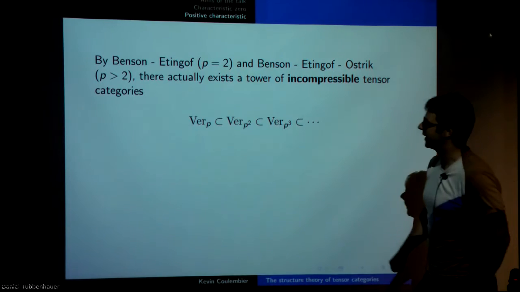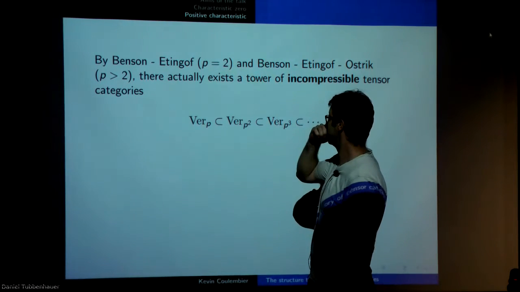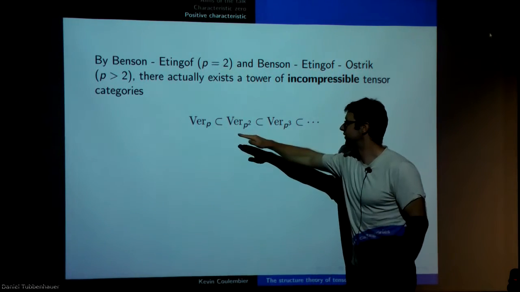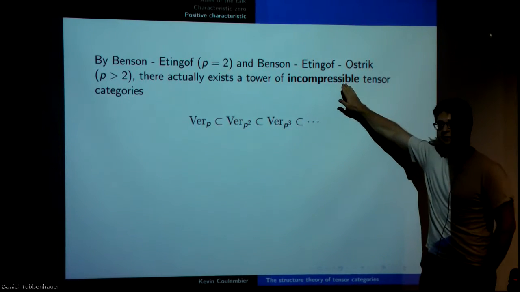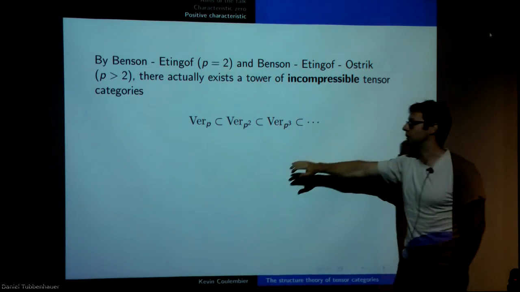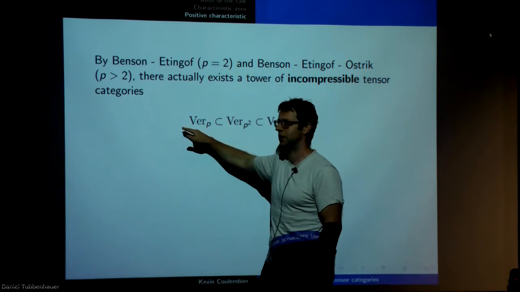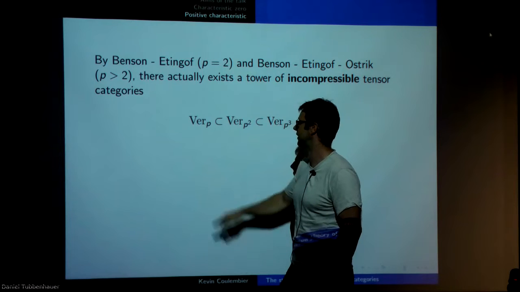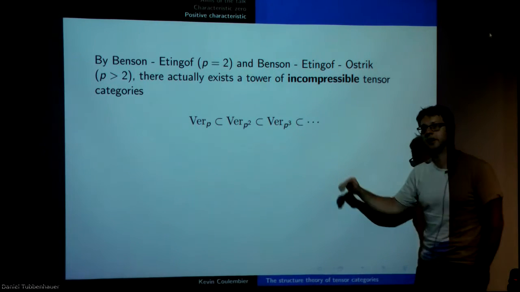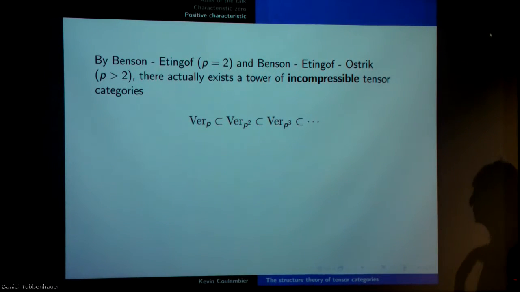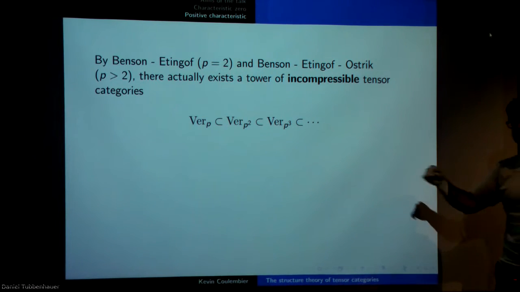quite fascinating how badly things change, because there exists this whole tower of incompressible tensor categories. So we have P, which contains vector spaces and super vector spaces. Sometimes it's equal to them in small characteristic, but then it just keeps on going. There is something called P squared, P to the power 3, etc., and they all embed into one another.